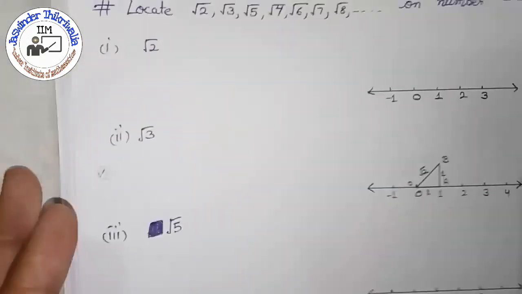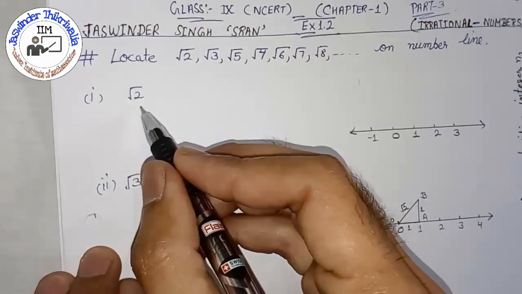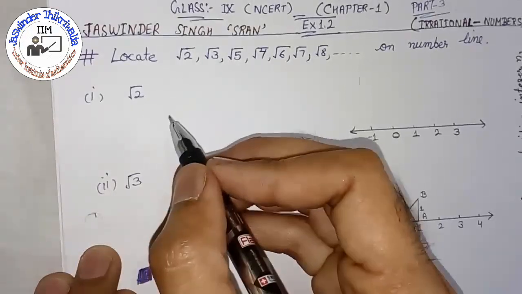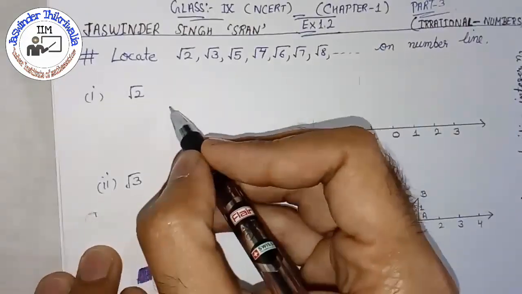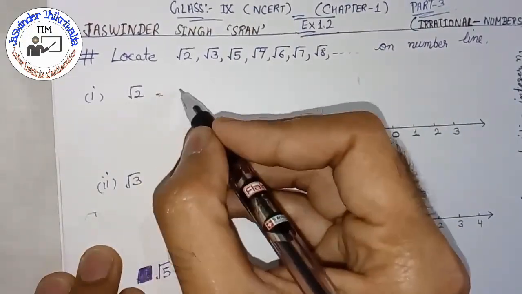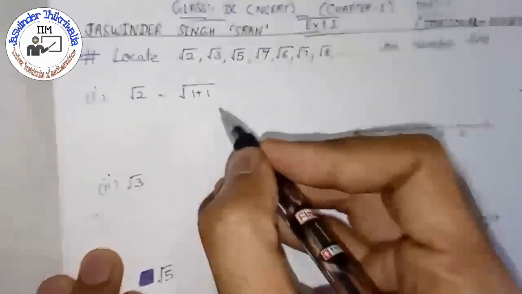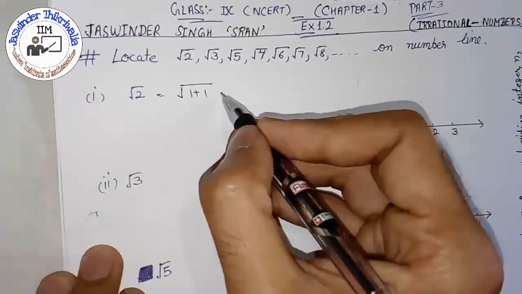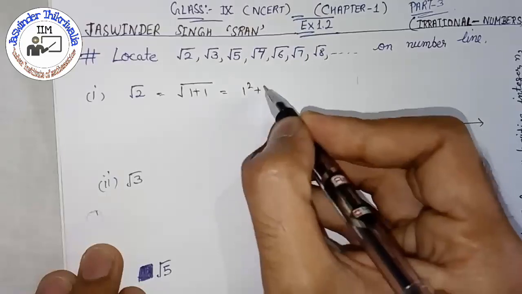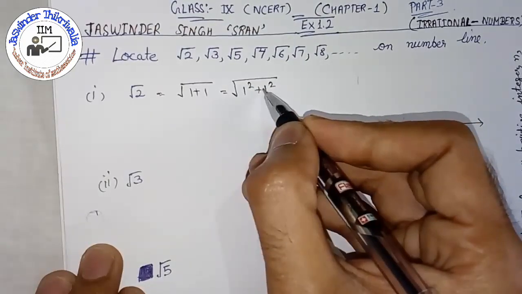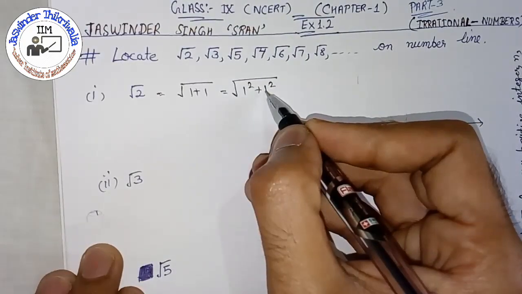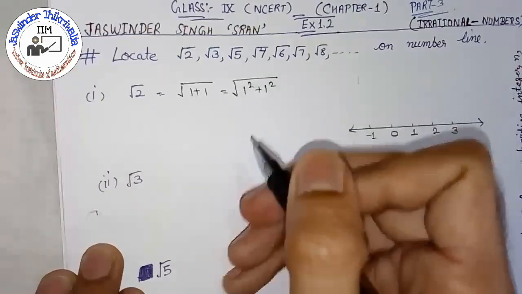First of all, how can we write under root 2? Under root 2 we want to express as a sum of two numbers and their squares. So under root 2 we can write 1 plus 1, and 1 plus 1 we can write as 1 square plus 1 square, because if you square them, it will be the same.